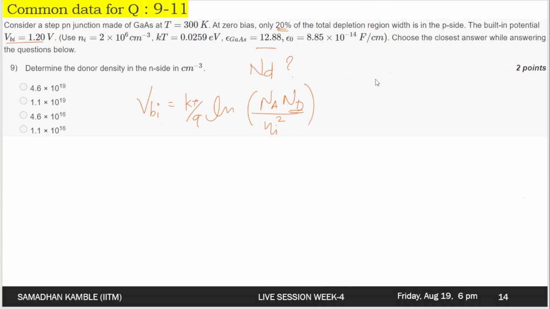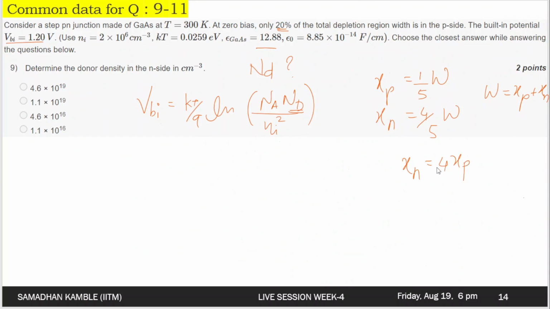So Xp at zero bias is 20%, that is 1/5 of the total width. The total width W is the sum of Xp plus Xn, so Xn is 4/5 of the total width. So we can write from these two equations that Xn is equal to 4 times Xp.